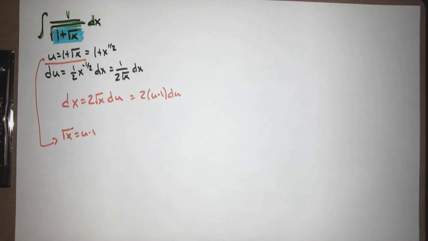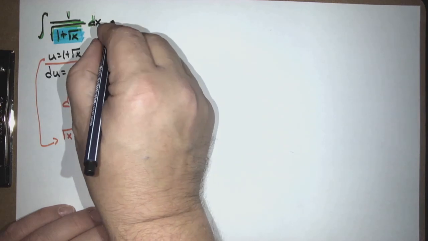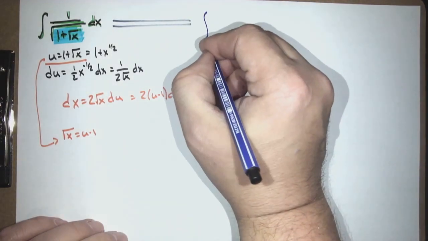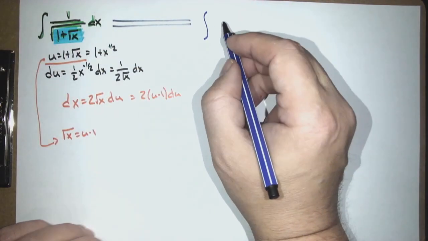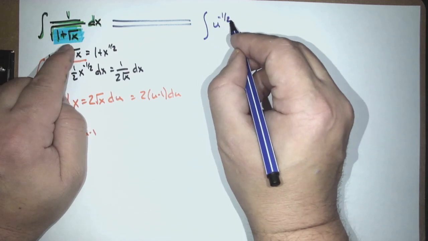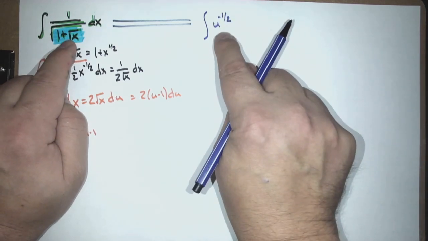So, with that in mind, let's see what this integral becomes. What do we have? We have the integral 1 over square root of 1 plus square root of x. I'll go ahead and write that as u to the minus 1/2. That's this piece.